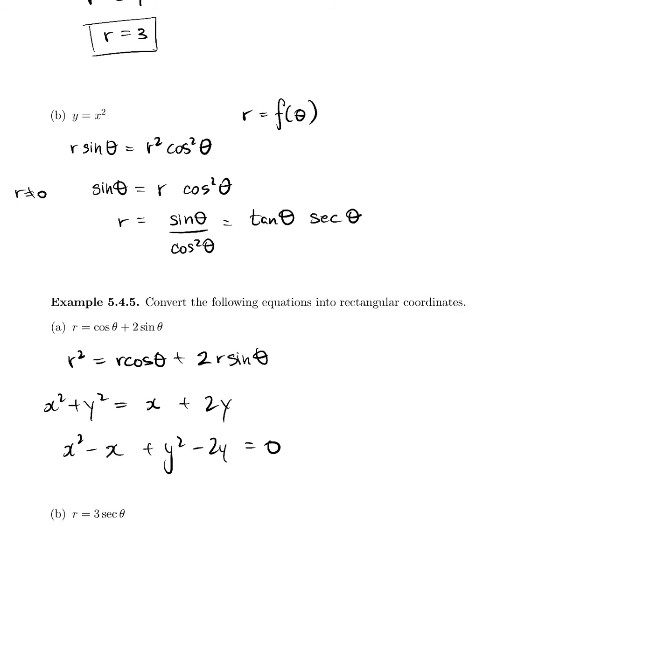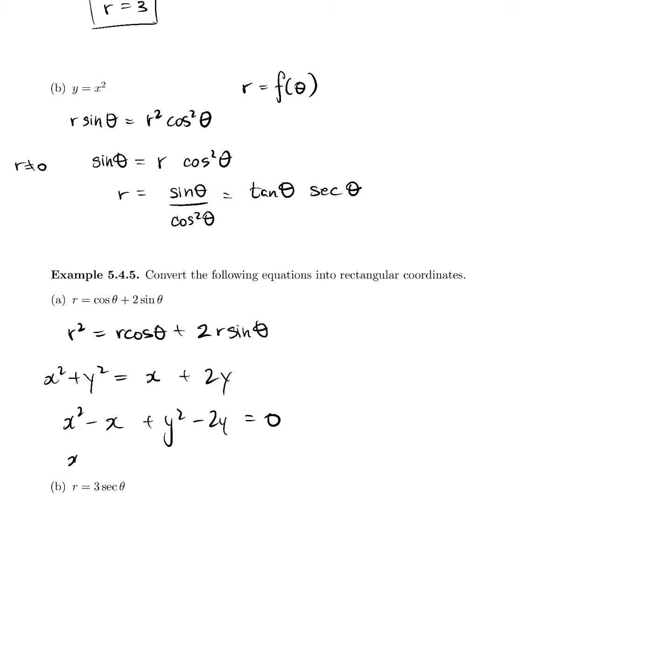If you complete the square, you should see that that actually turns out to be a circle as well. Well, why don't we just do it? X squared minus x, if we divide by 2 and square, we get plus 1/4, plus y squared minus 2y, divide by 2 and square, which is 1, so I have to add 1/4 and 1 on this side.